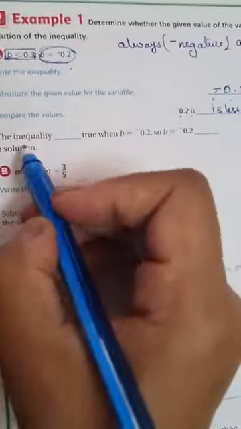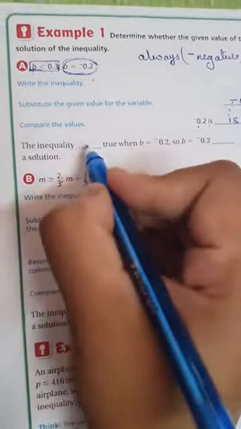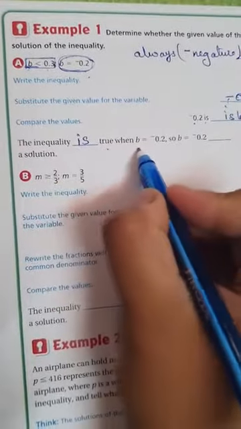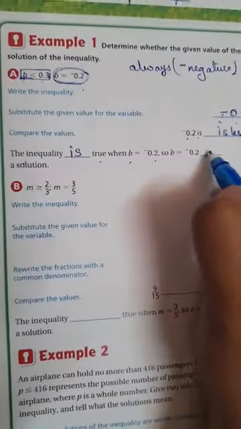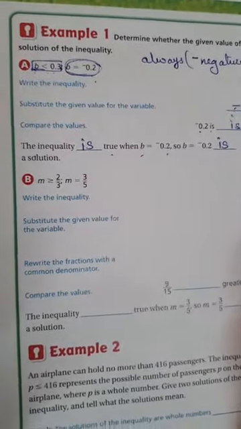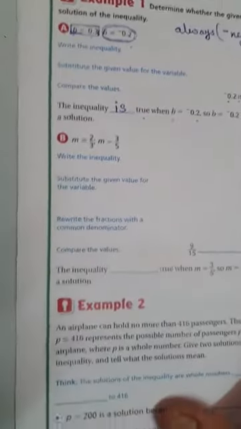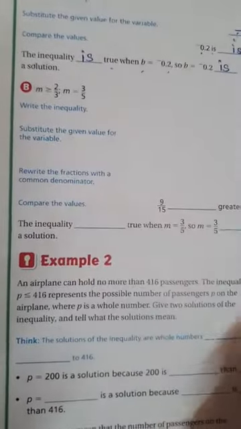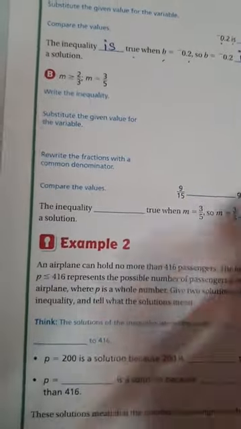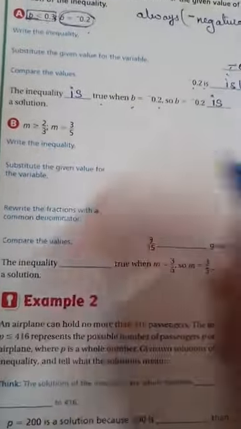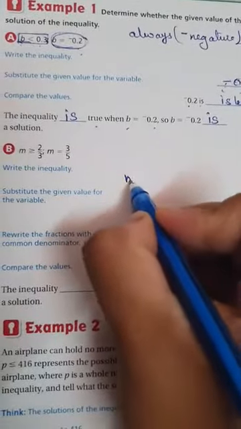So the inequality is true when b is negative 0.2. So b is equal to negative 0.2 is a solution. Just in place of the letter you will replace the number and find out if it is equal, greater or not. Simple.